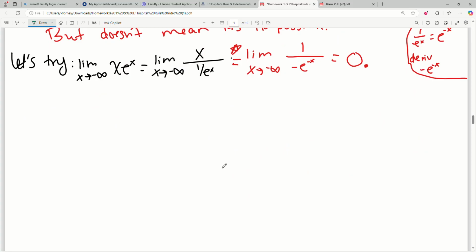So L'Hopital's rule can be used anytime you are given an indeterminate form. You could even get it into indeterminate form so that you can apply L'Hopital's rule. So that was the finishing up of that lesson.